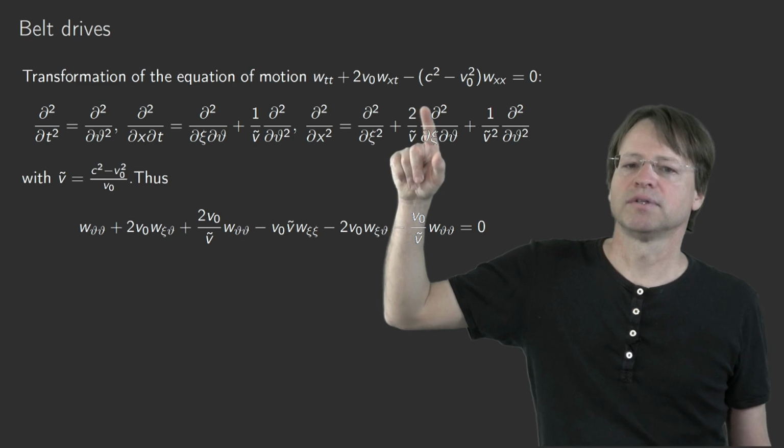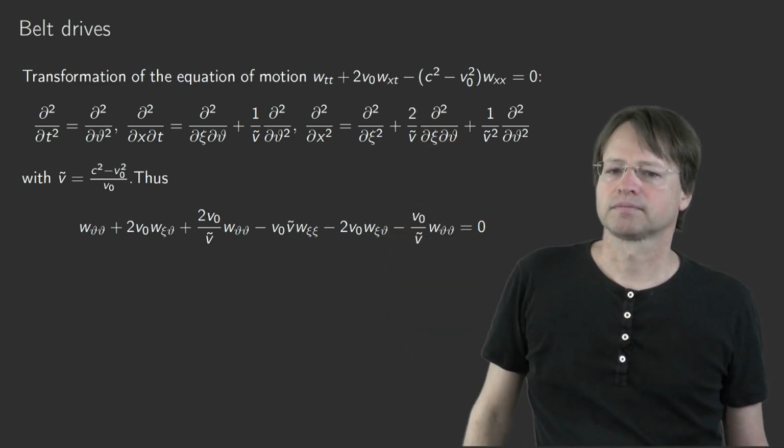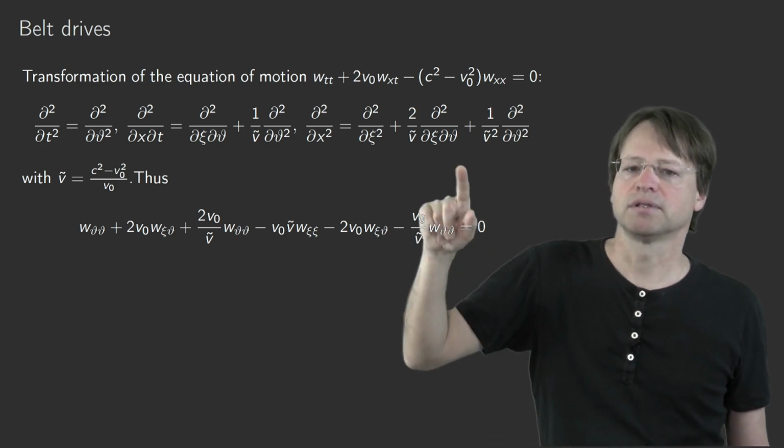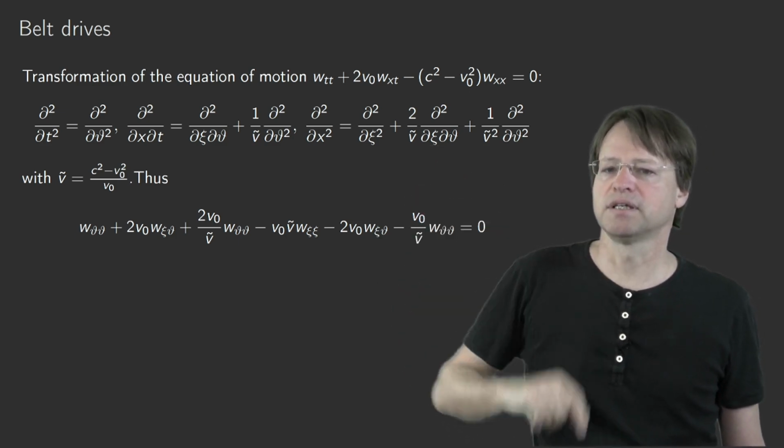For the next term, we get minus c squared minus v naught squared, which is then divided by v tilde.